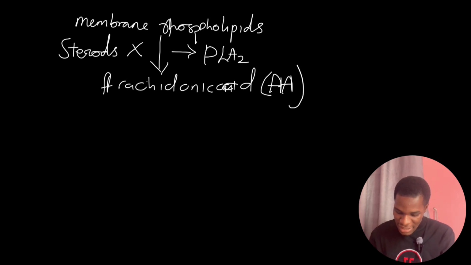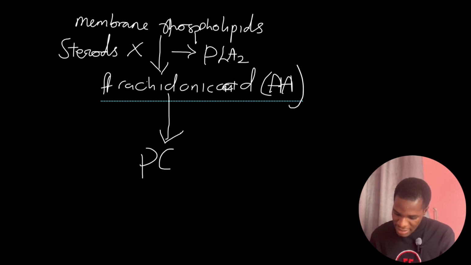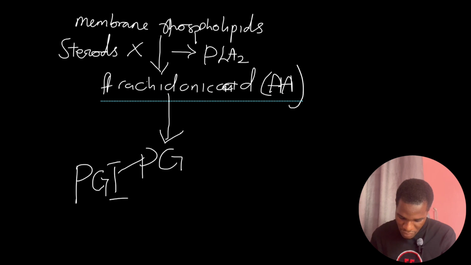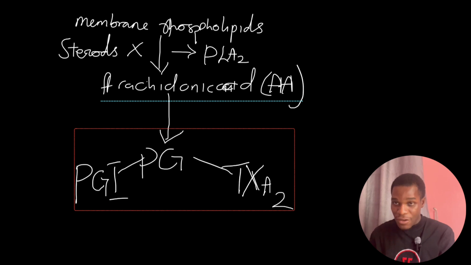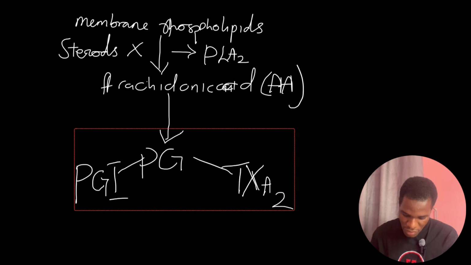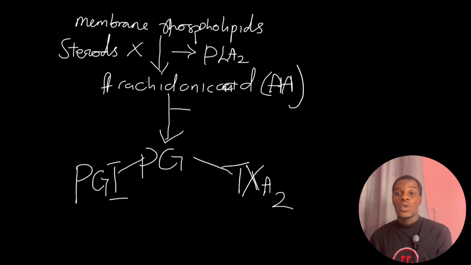Now, arachidonic acid is further metabolized into prostaglandins, prostacyclins, I'll call that PGI, and thromboxane A2, TXA2. They are synthesized from arachidonic acid by the enzyme COX, otherwise known as cyclooxygenase.